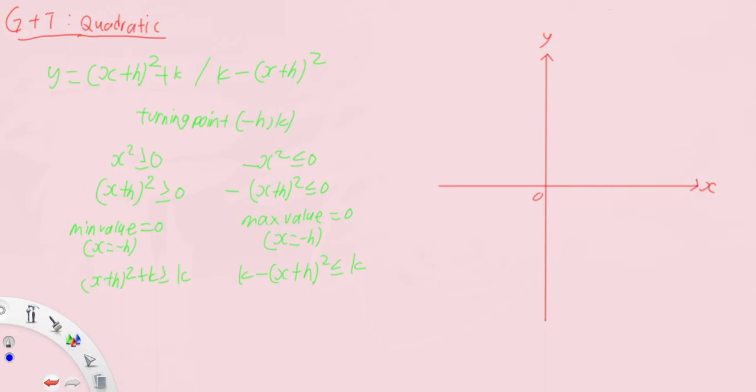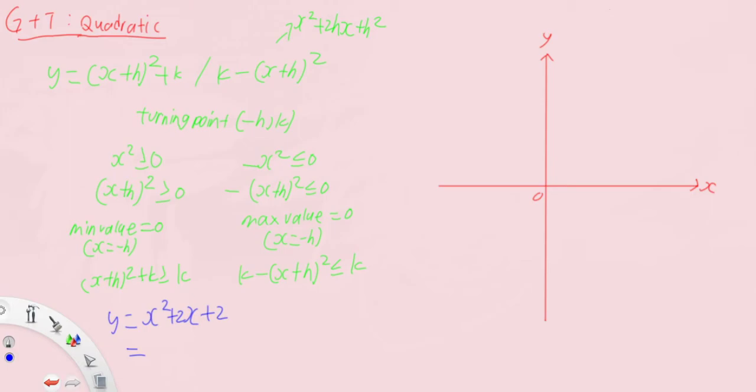Let's say we have y equals x squared plus 2x plus 2. How completing the square works is that we're achieving the form (x plus h) squared, which is simply x squared plus 2hx plus h squared, where h squared is a constant, so we can ignore that.